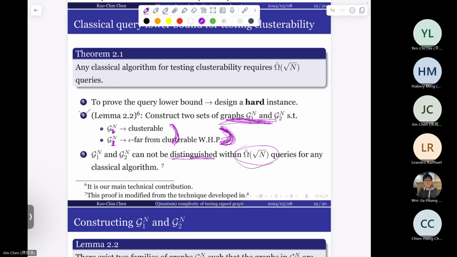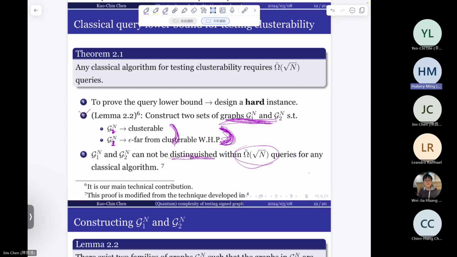If we randomly pick a graph from G1 or G2 with equal probability, then a clusterability tester would identify whether the graph is clusterable or far from clusterable, so the randomized algorithm could distinguish these two families of graphs with few queries.